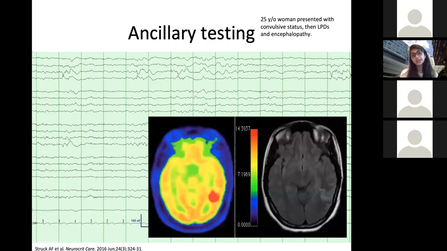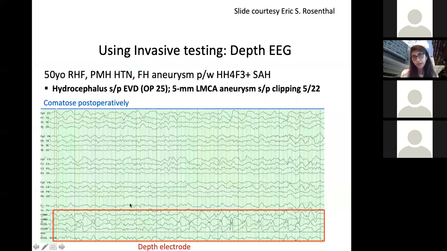So the treating team performed a PET scan, and what they found was hypermetabolism corresponding to the area of the LPDs. This is the left temporal chain where we see the LPDs, and here in the left temporal area, we see an area of hypermetabolism. So, combining the clinical picture of encephalopathy, the EEG with LPDs present, and the PET findings, the treatment team pursued increasing seizure medications and saw an improvement in the patient's clinical status and EEG.